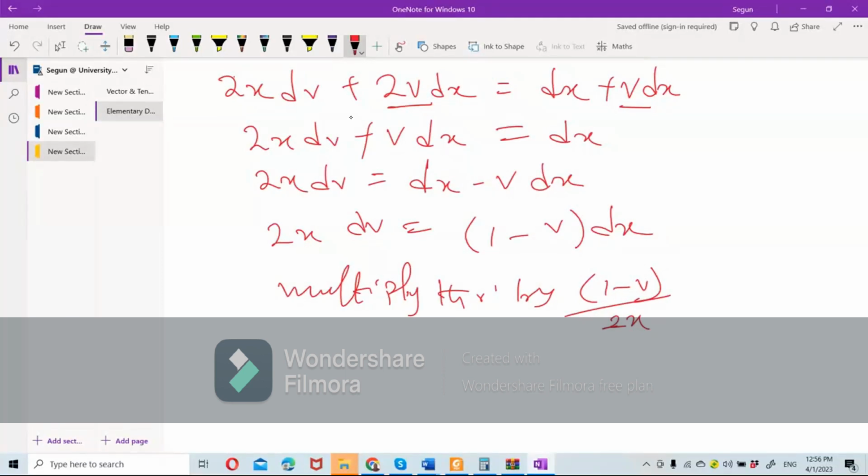But when we multiply through by 1 minus v over 2x, since they are in different sides, remember the v is here. You see what I'm saying now?